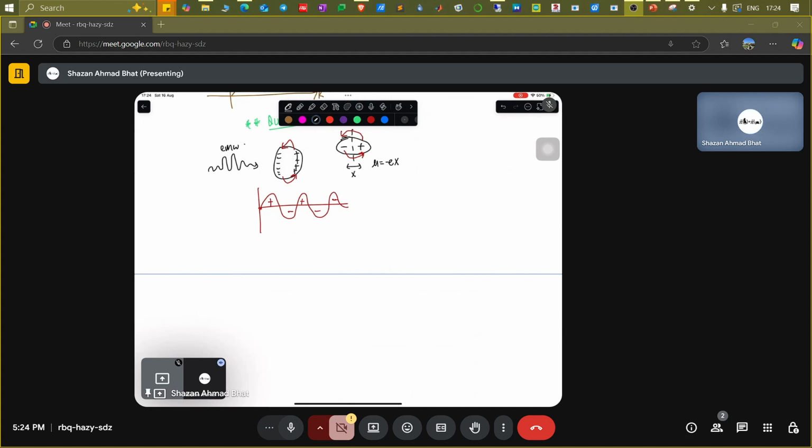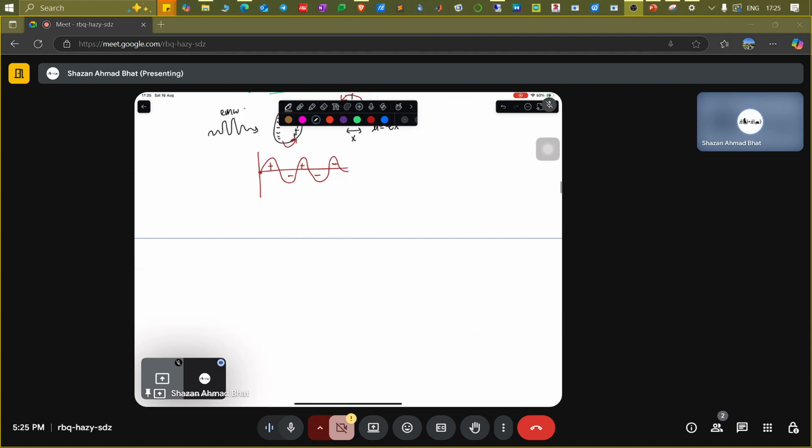Now, if the wavelength of this electromagnetic wave is lambda, and the particle, the nanoparticle we're talking about, has size d, and d is much smaller than lambda, then this particle is going to feel a constant electric field.